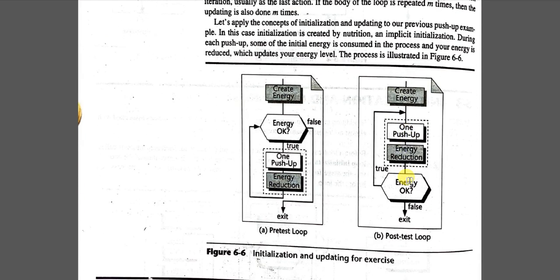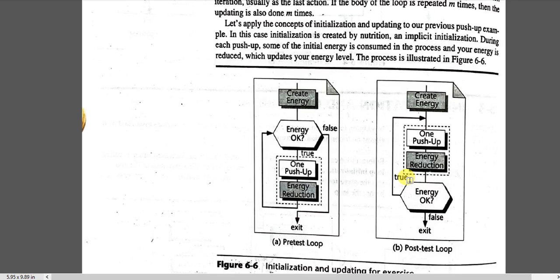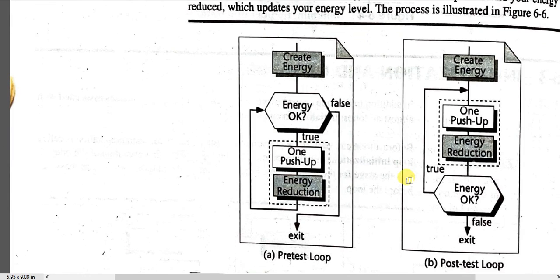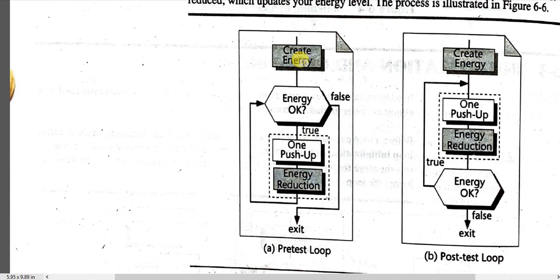Okay, so this is the diagram of the pre-test and post-test with a simple example. If you have the variable energy, you create it and initialize the variable energy with some value, and if the energy is okay, that means you are testing the condition in case of pre-test. If it is okay, then you enter the loop body. That means you perform a push-up, and now since you have performed the set of actions, you can reduce the energy variable.